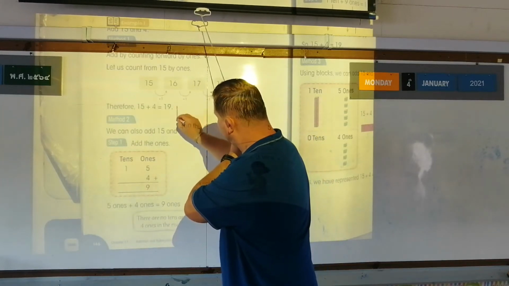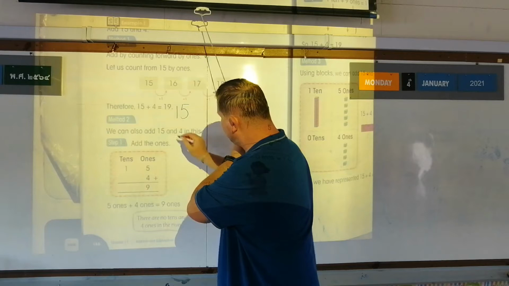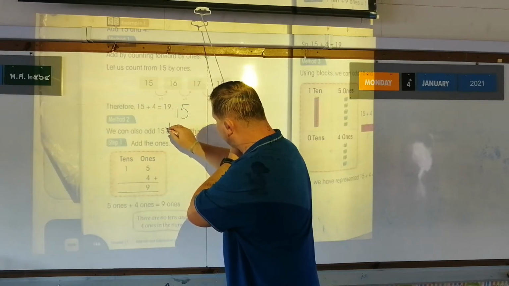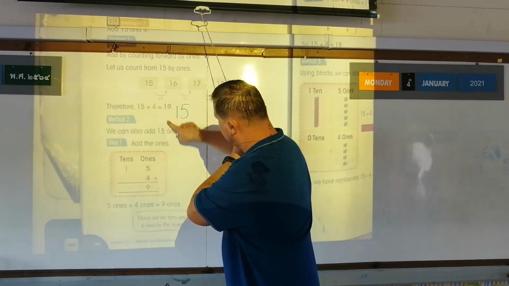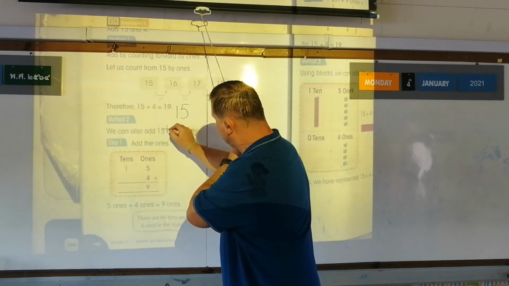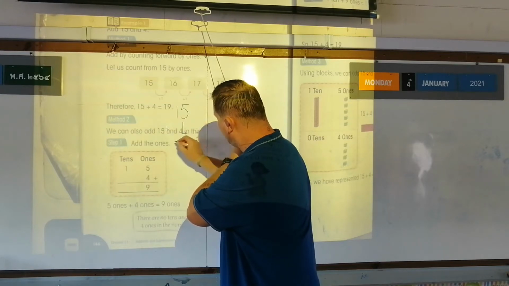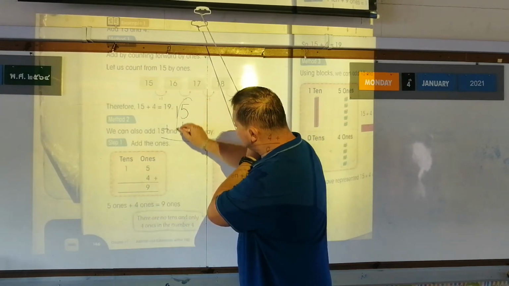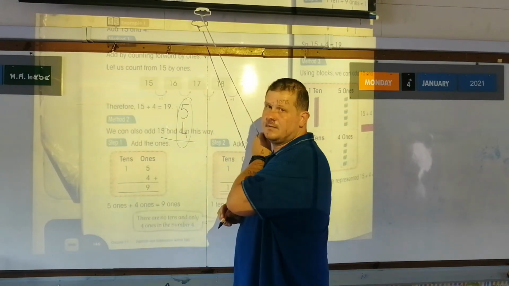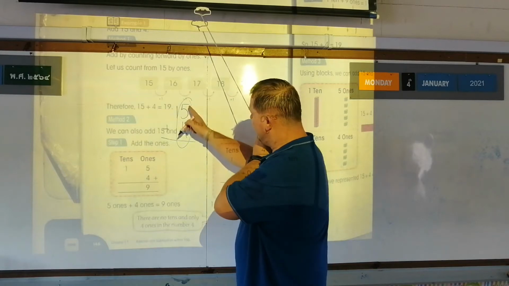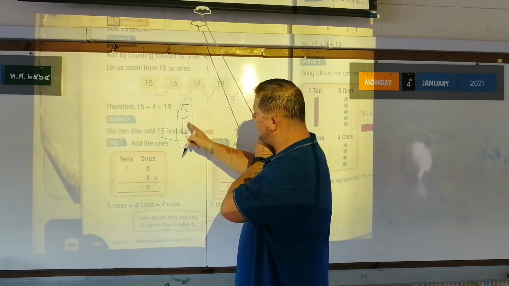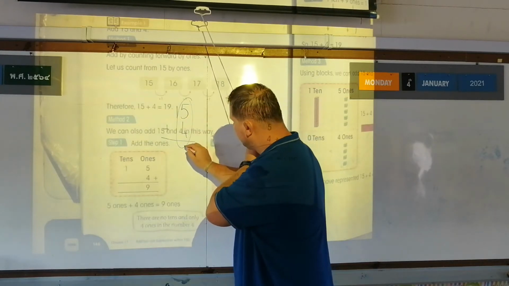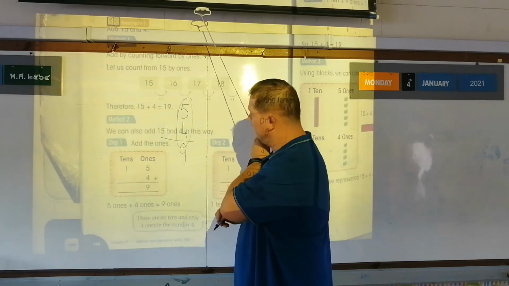Alright, we have 15 and we need to add 4, right? So what we do is we add these two numbers together. First, we add 5 and 4. 5 plus 4 is 9.